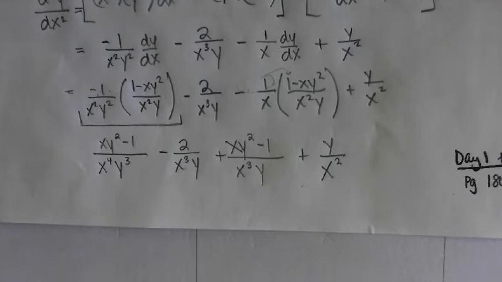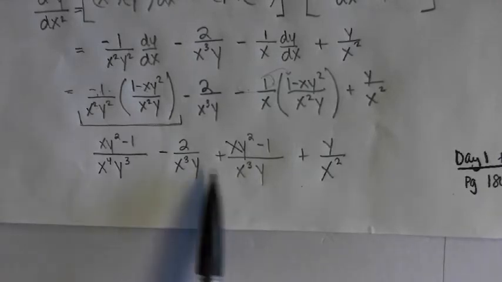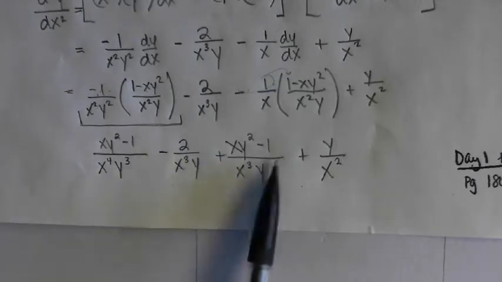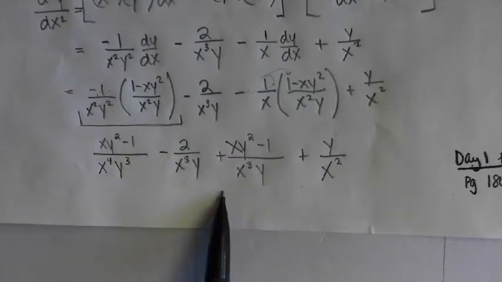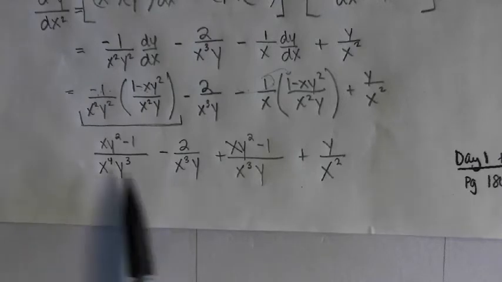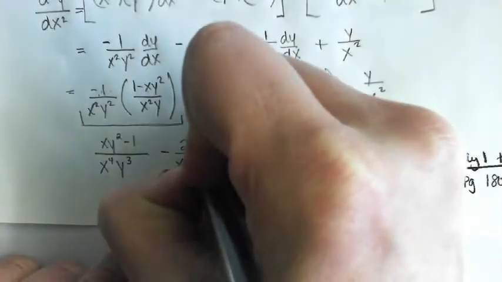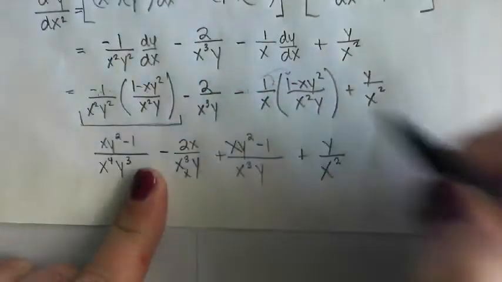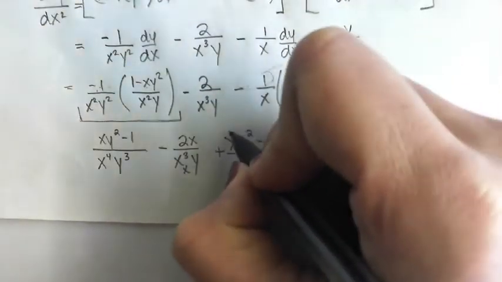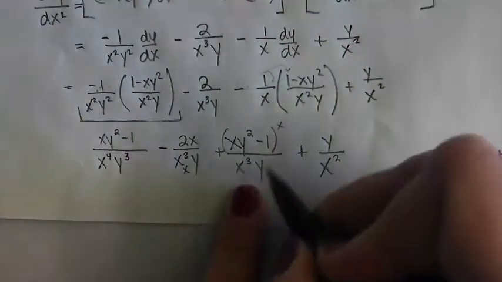Kaylin? You can easily get a common denominator. First of all, 2 of them are already common, so if you didn't do it for all of them, you would at least combine these two. But x to the 4th would mean this one needs an x. This one needs an x, which we're going to have to give to both of those terms.